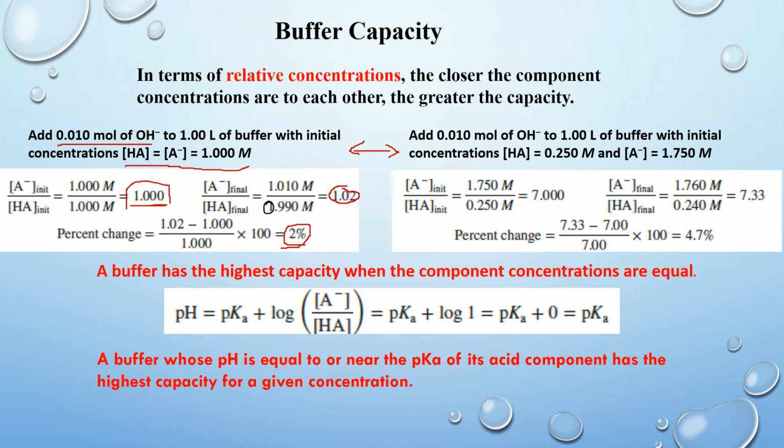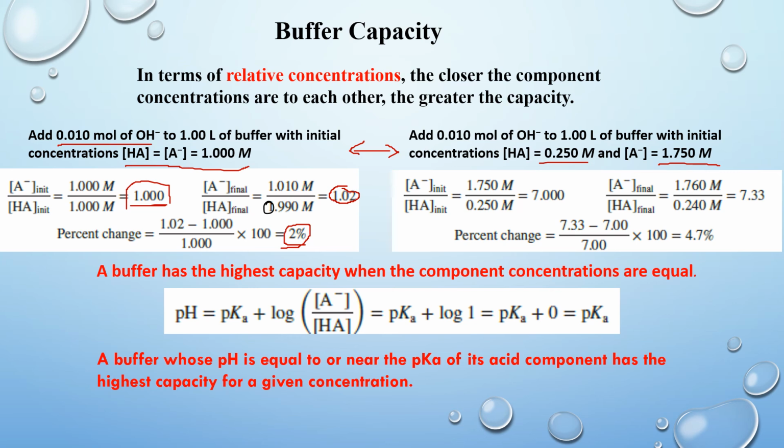Right, so in the second example on the right, you have 0.25 molar of acid and 1.75 molar of the base. If you look closely, if you add these two concentrations together, that's equal to 2, which is also the total concentration of the acid and base. So you basically have the same absolute total concentration of acid and base, but you have different relative concentrations now because they're no longer equal, right?